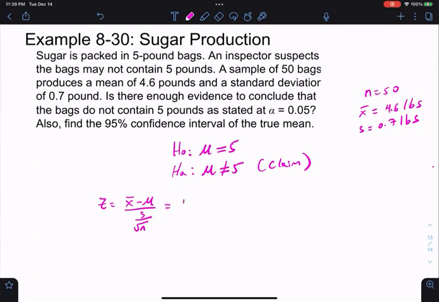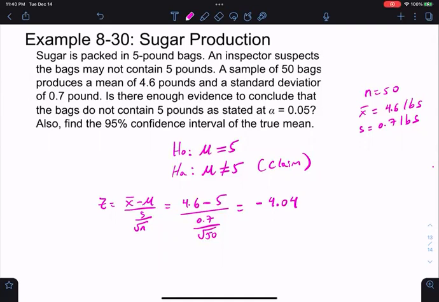So x-bar is 4.6, the mean is 5, the standard deviation is 0.7, n is 50. So let's compute this. 4.6 minus 5 divided by 0.7 over square root of 50. So you should get negative 4.04, a big number.